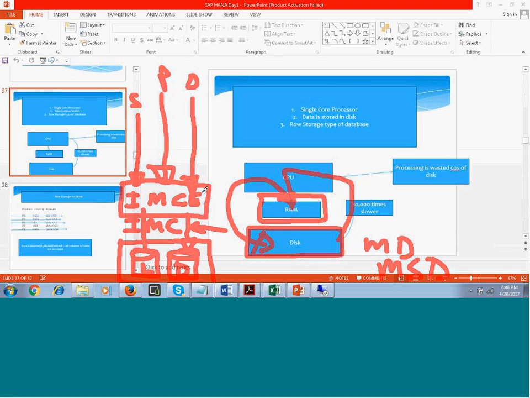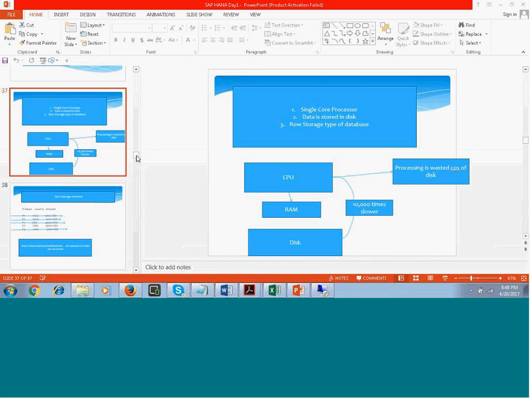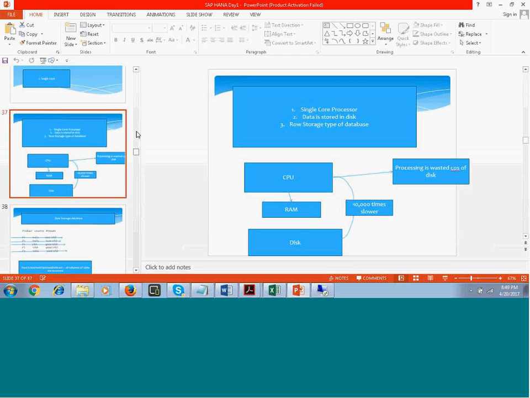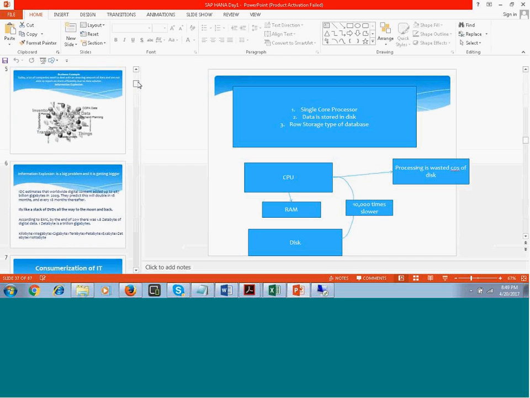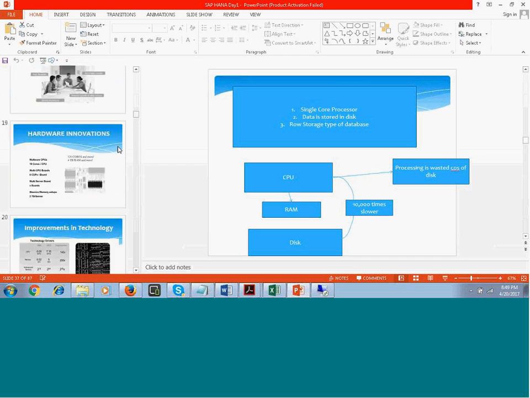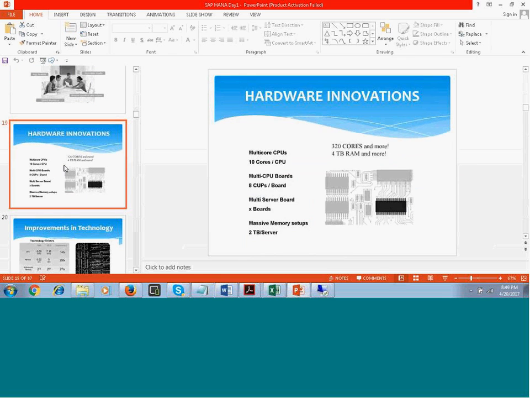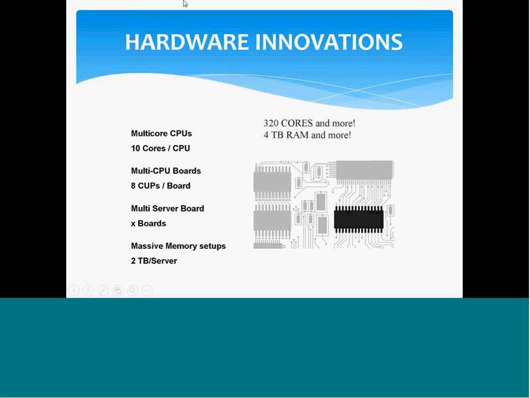Let's see what improvements they made on the hardware side and on the software side. On the hardware side, when SAP brought HANA, it is a multi-core architecture.